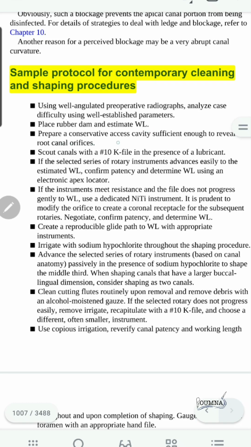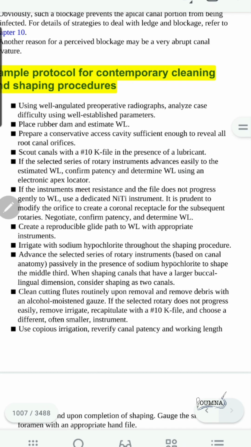Prepare a conservative access cavity sufficient enough to reveal all root canal orifices. Scout canals with a 10K file in the presence of a lubricant. If the selected series of rotary instruments advances easily to the estimated working length, confirm patency and determine working length using an electronic apex locator.